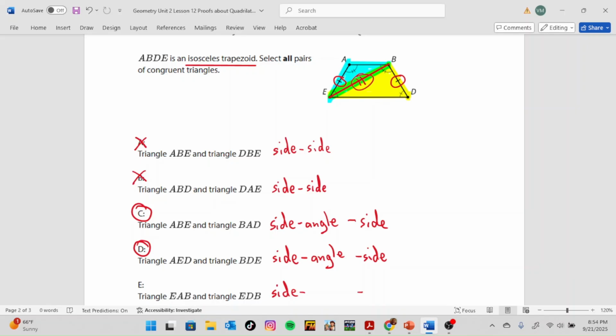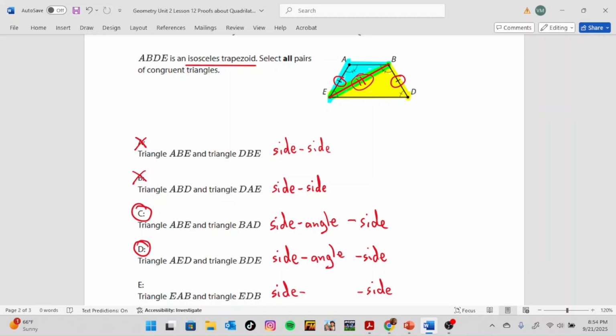So there's another side. But just like A and B, side AB is not congruent to side ED. So we don't have side, side, side, which means we would need the angles between the sides.